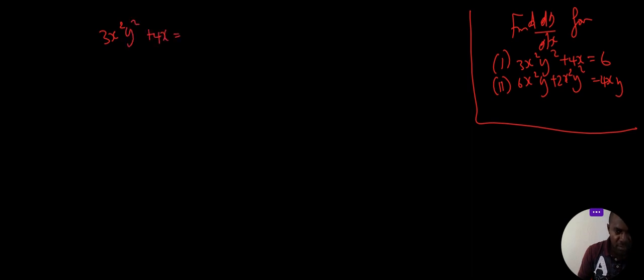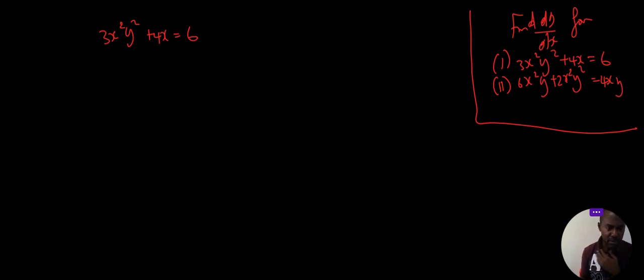Now let's deal with the first one. Here we have 3x squared y squared plus 4x is equal to 6. And clearly that function is not defined explicitly, where y is explicitly expressed in terms of x.